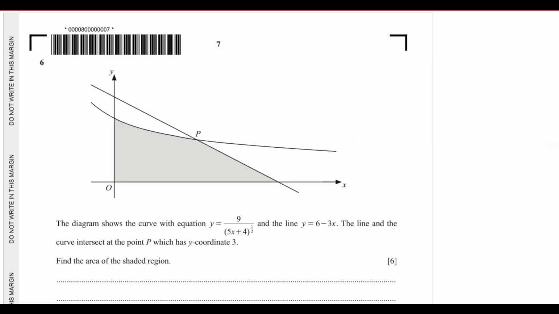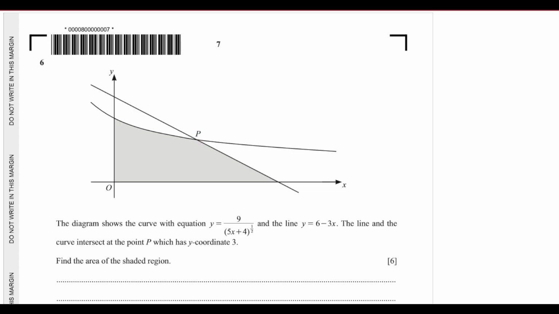Question 6 says the diagram shows the curve with equation and a line. The line and the curve intersect at point P, which has y coordinate 3. And we need to find the area of the shaded region.